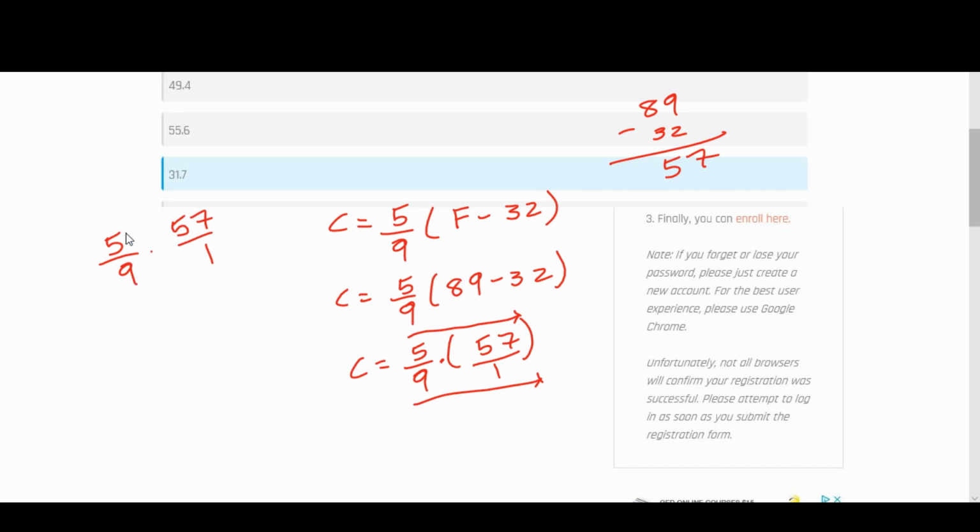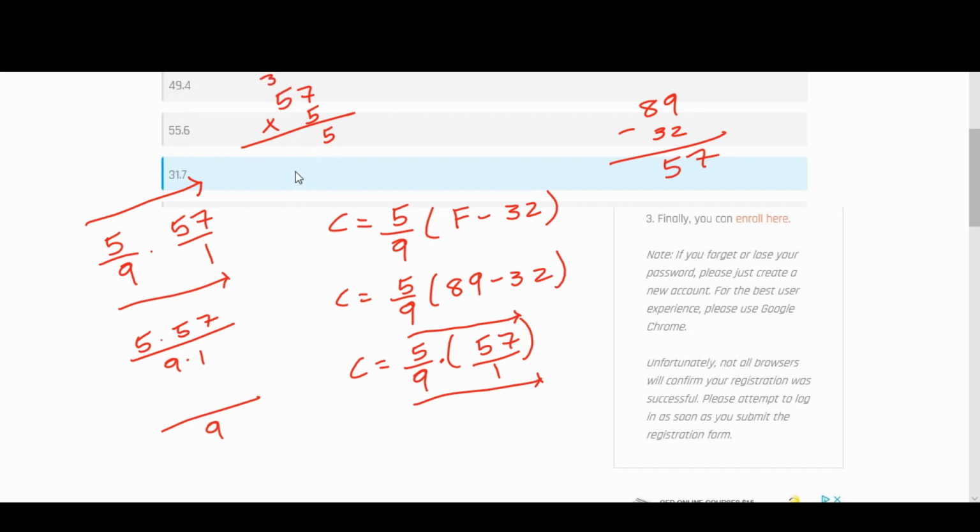That's the same as 5 times 57 divided by 9 times 1. 9 times 1, of course, is 9. 5 times 57, let's go ahead and work that out. 5 times 7 is 35, carry the 3. 5 times 5 is 25, plus 3 is 28. So this becomes 285 divided by 9.